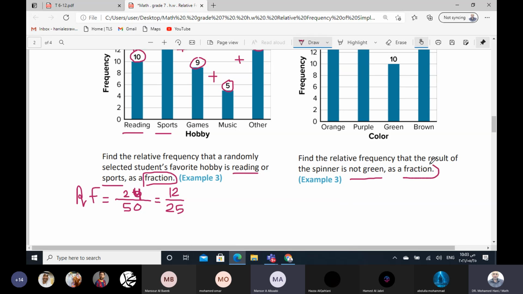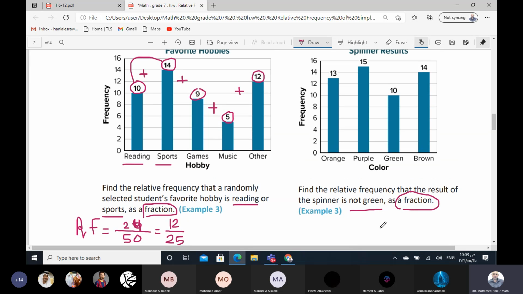Thank you, Mansoor. Now I want from all to read it again, then try please to find the relative frequency just for not green. Start please and tell me what is your answer.